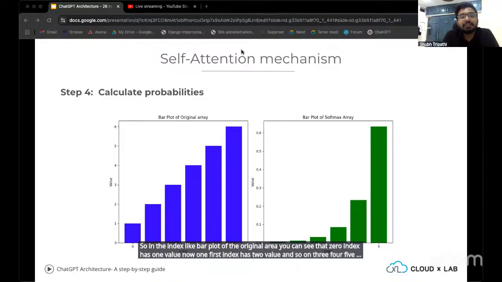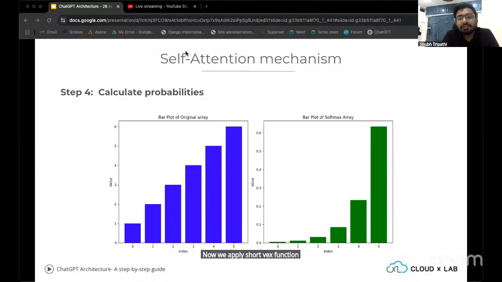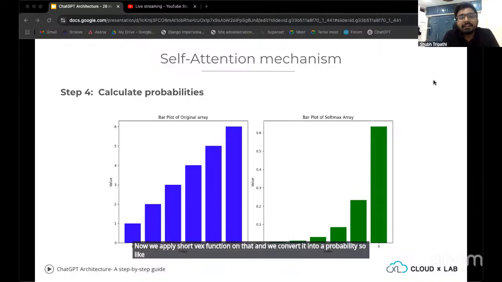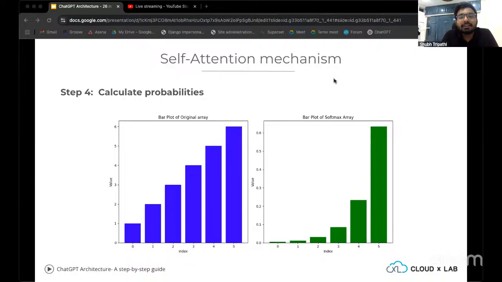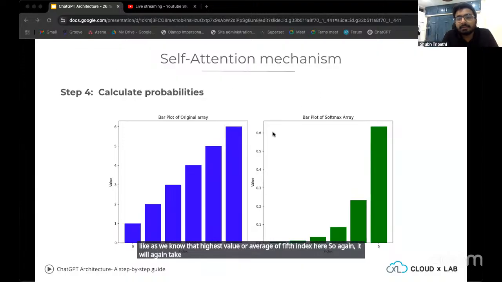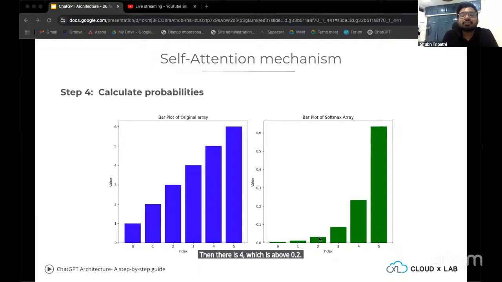Now we apply the softmax function on that and convert it into probabilities. As the highest value was at the fifth index, it again takes the higher probability. We can see here that 5 has the highest probability, which is above 0.6. Then there is 4, which is above 0.2, and so on. When you sum all these values, they will sum up to 1.